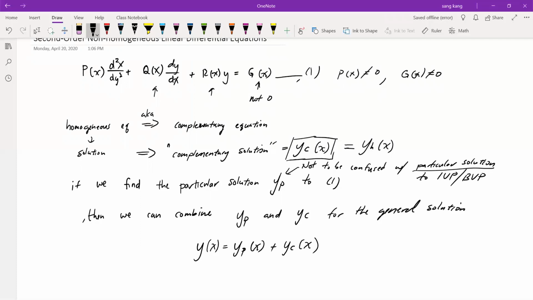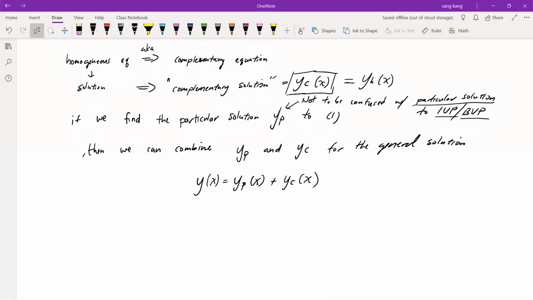I'll just say it's a solution to an initial value or boundary value problem, okay? So the particular solution is still a general solution, okay? It does not require an initial value or any boundary values, and it'll have constants in it, right? So it could have many solutions, an infinite amount of solutions.